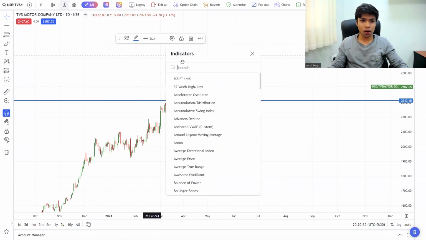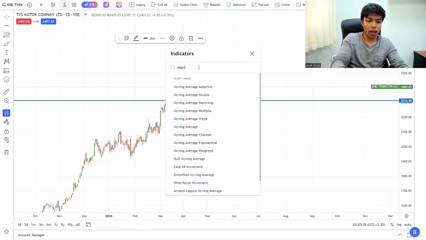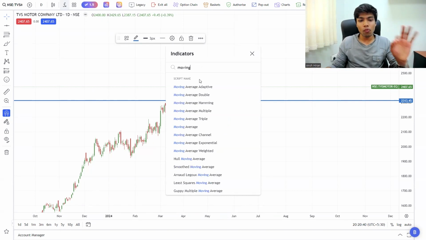I'll go to the indicators part and I will write moving average. The moment you write moving average, you will see so many moving averages like moving average adaptive, moving average double, moving average Hamming, multiple, triple, average, channel, exponential, weighted, hull moving average, smooth moving average, least square, whatever. So as of now, we are using moving average, which is simple moving average.